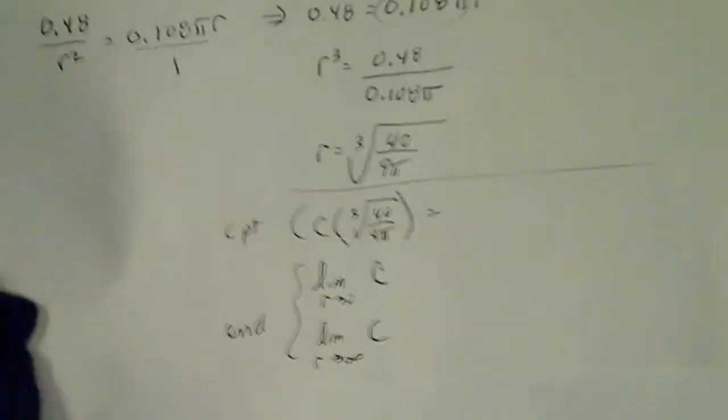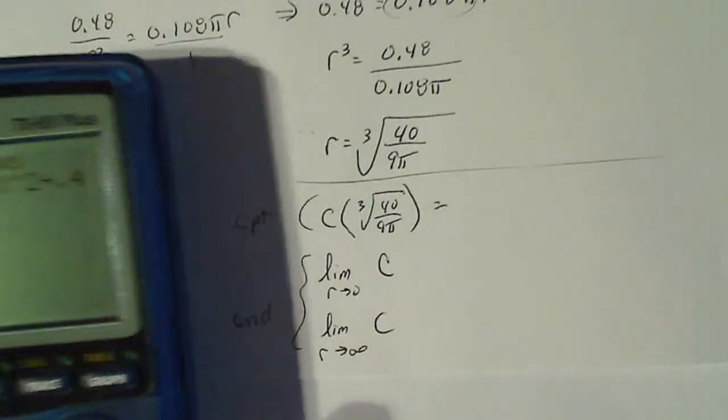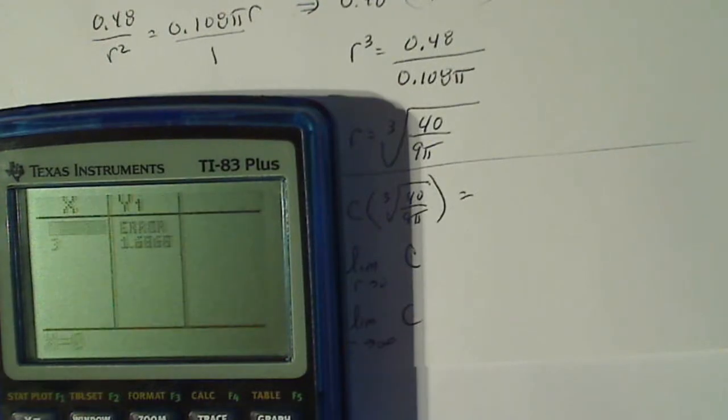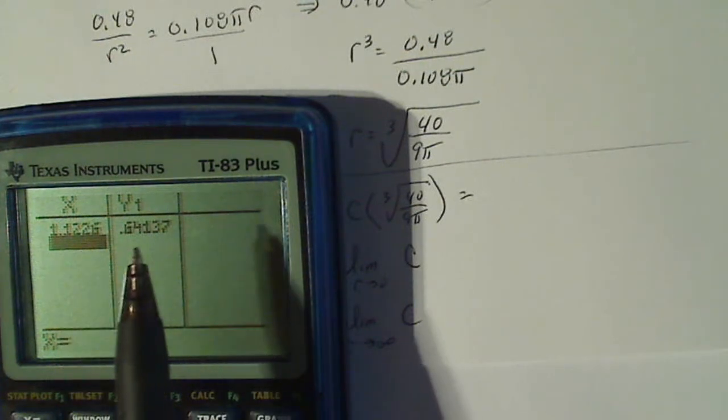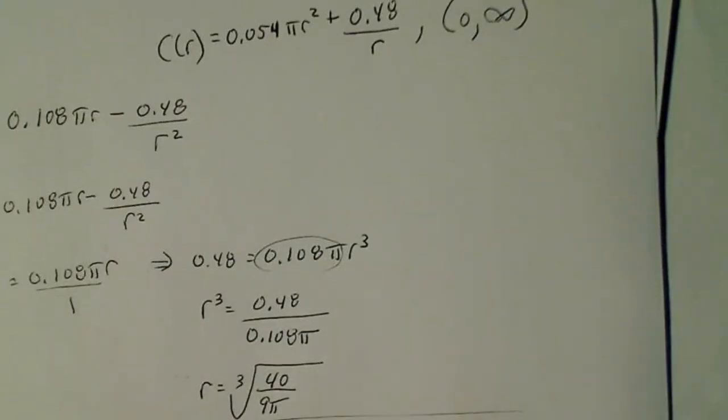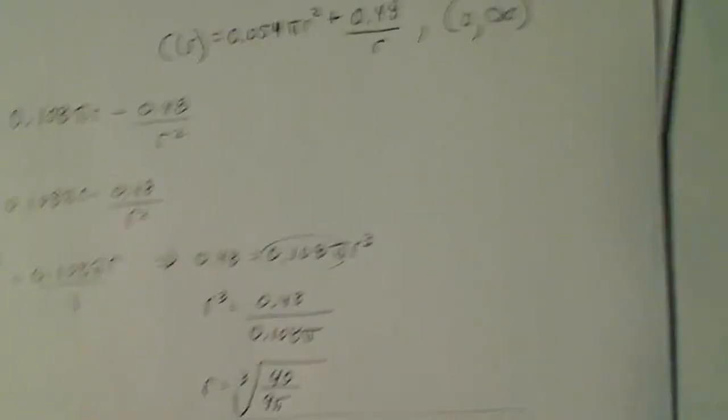After doing that, I go over to my table, and I'm going to put inside the table my r value. So it's going to be 40 divided by 9 pi. Remember, the parentheses are important. Raised to the 1 divided by 3, because that's how you do the cube root. And you notice when I plug that in, I get 0.64137. Oops, let me write it down.